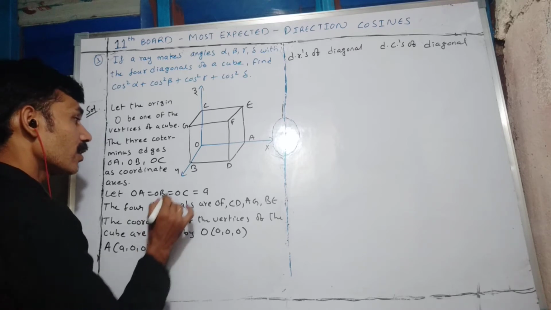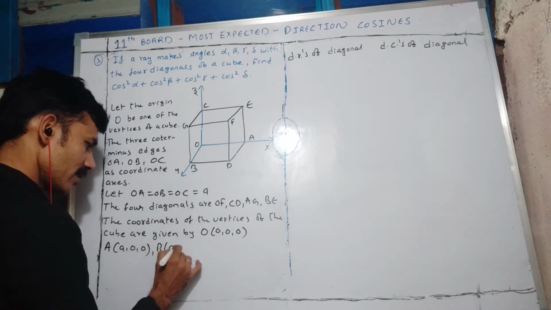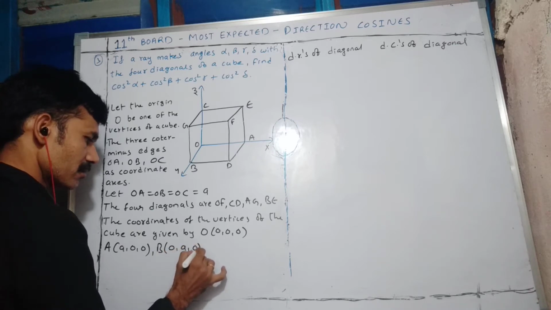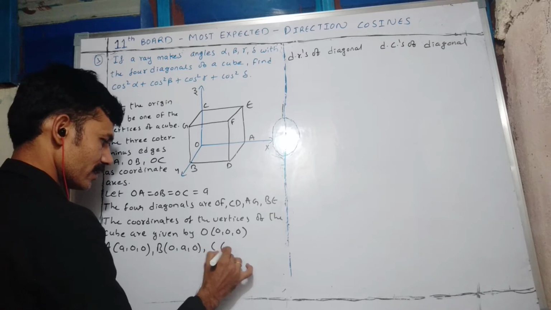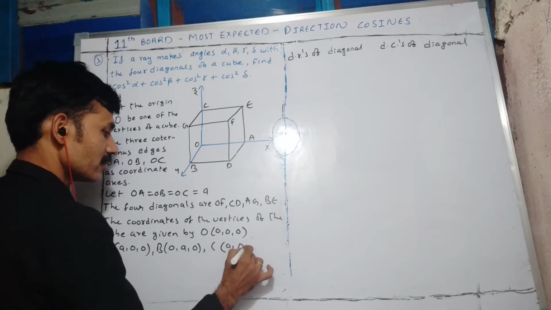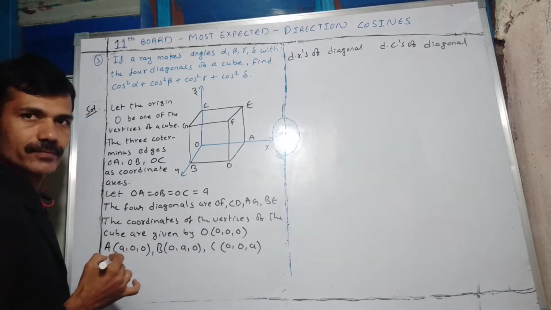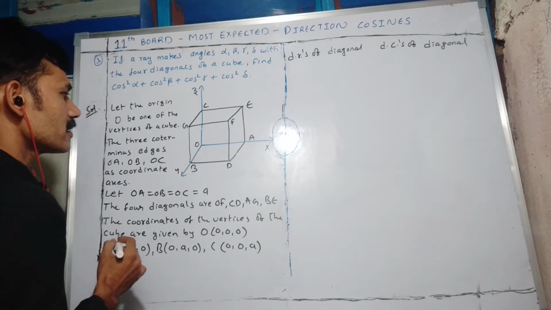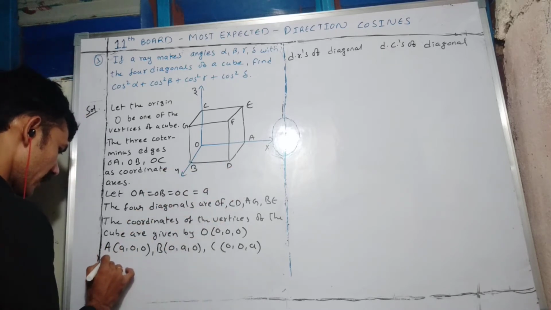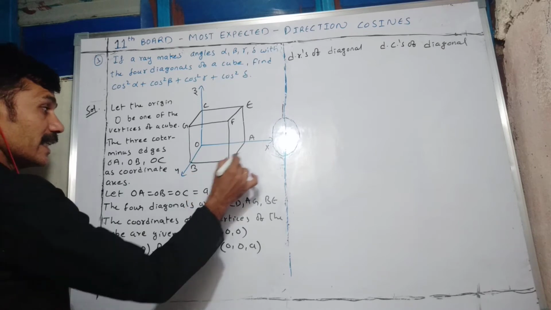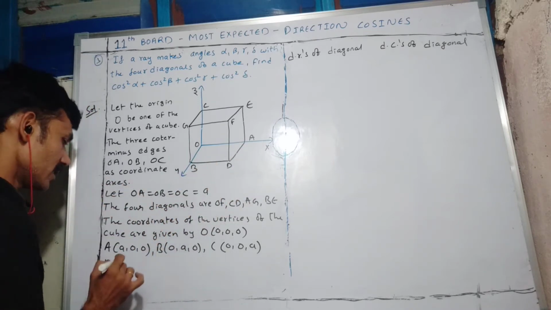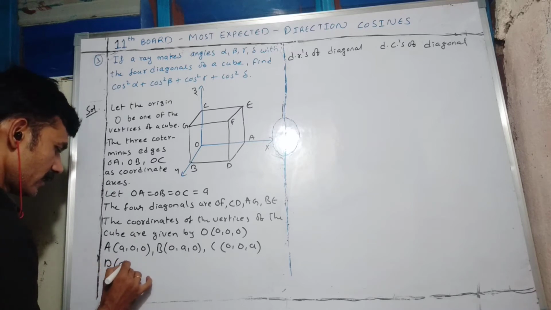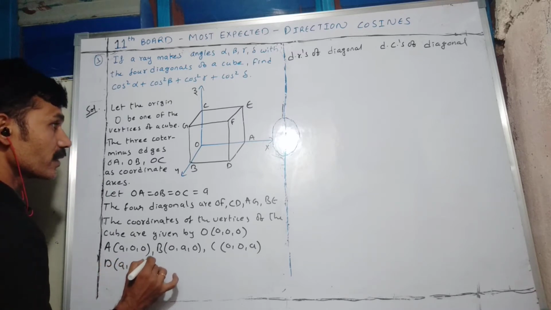B is on the y-axis, so 0, a, 0. C is on the z-axis, so 0, 0, a. Next, D lies on the xy plane, so z is 0: a, a, 0.